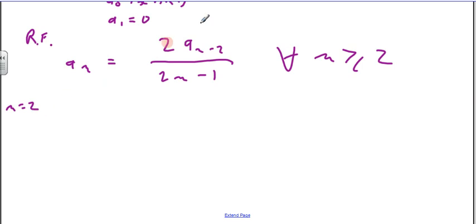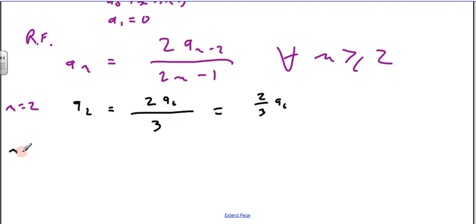n is equal to 2. a2 is equal to 2 a0 divided by 3. Okay, 2 over 3 a0. At n is equal to 3, a3 is equal to 0 because a1 is 0. n is equal to 4. a4 is equal to 2 a2 divided by, I put a 4 there, I get an 8.